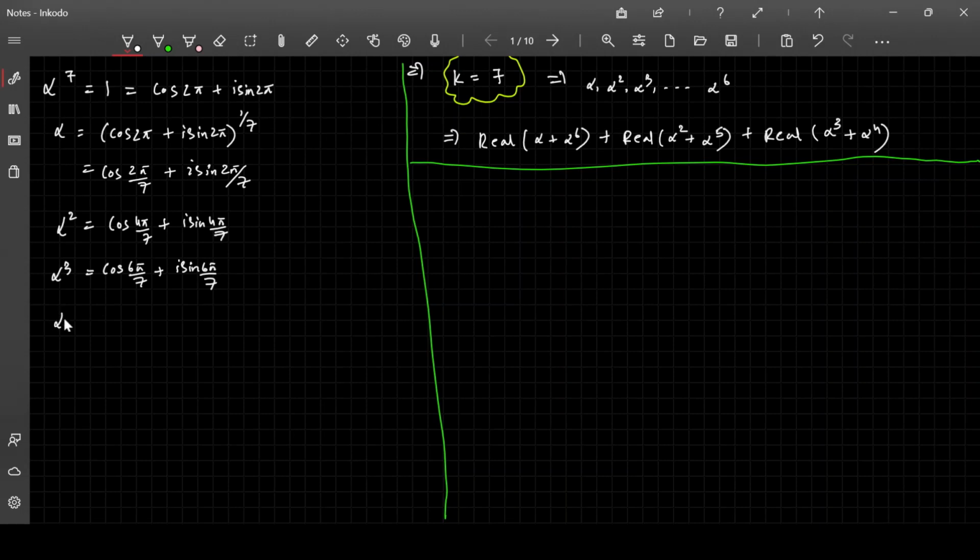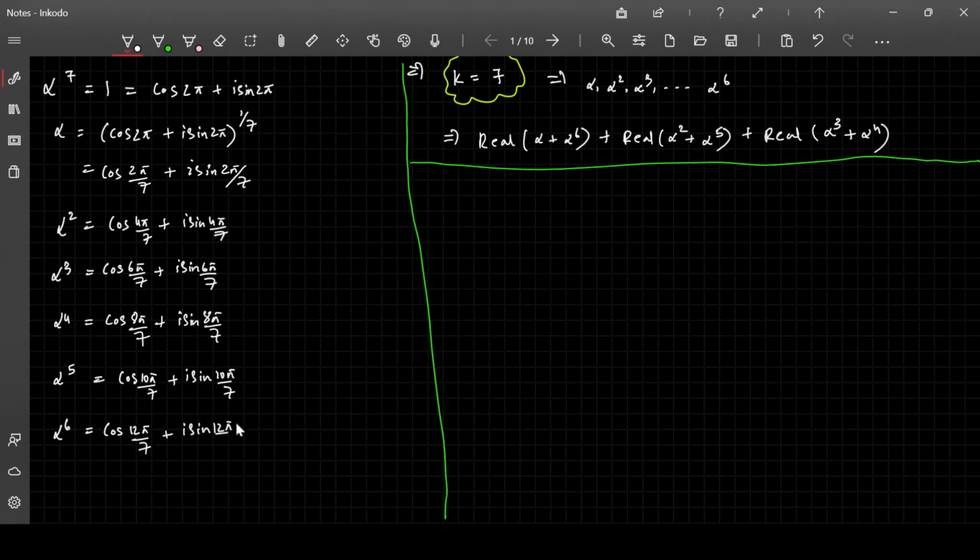Alpha power 4 is cos 8 pi by 7 plus i sine 8 pi by 7. Alpha power 5 is cos 10 pi by 7 plus i sine 10 pi by 7. And alpha power 6 is cos 12 pi by 7 plus i sine 12 pi by 7.